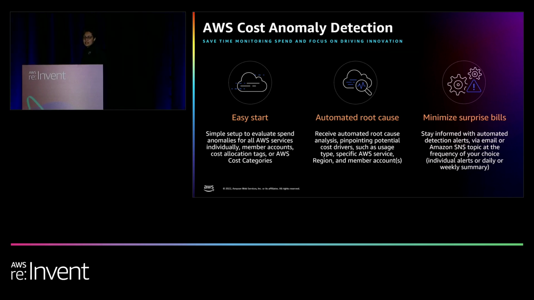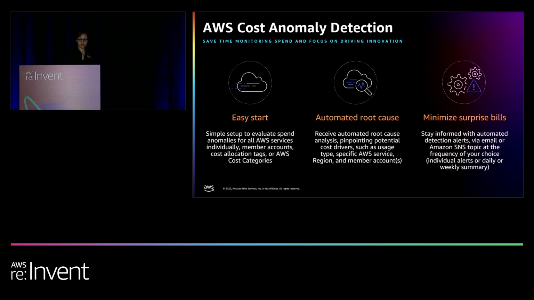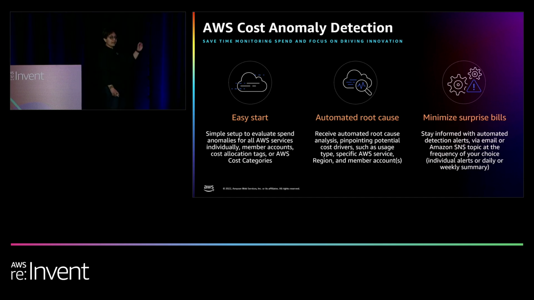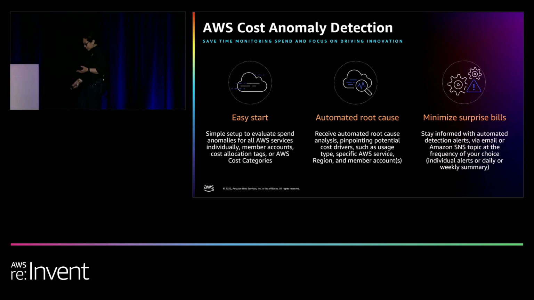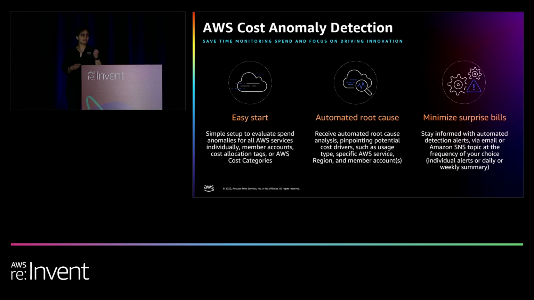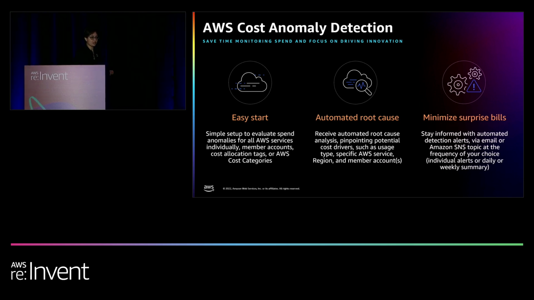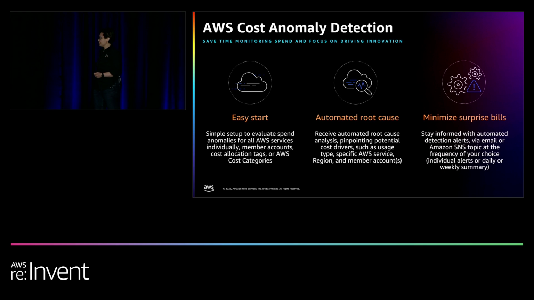What Cost Anomaly Detection does is it analyzes your usage and cost, including your natural growth and also seasonal trends in your usage, and creates a pattern. Any anomalies against this pattern, it picks up and sends you a notification. So you can act immediately rather than waiting for the bill that comes next month.